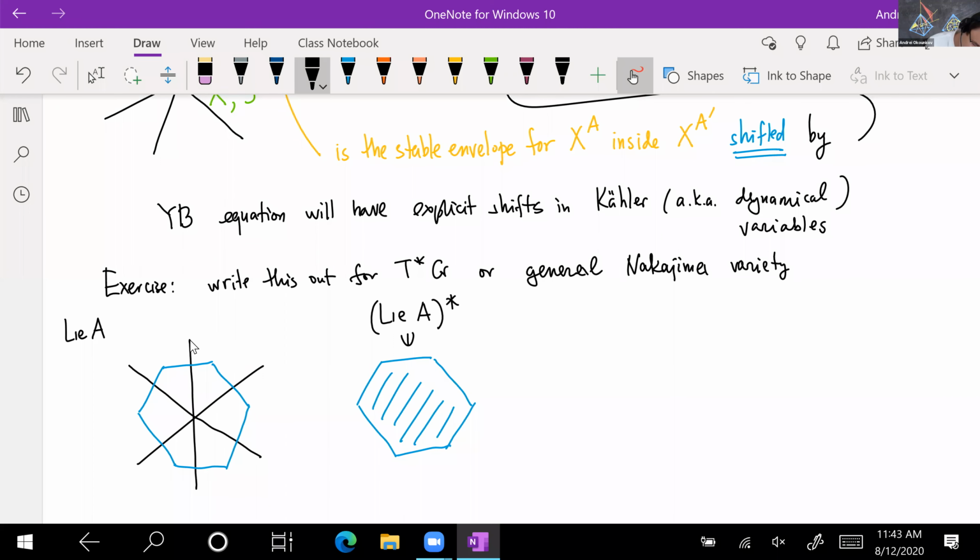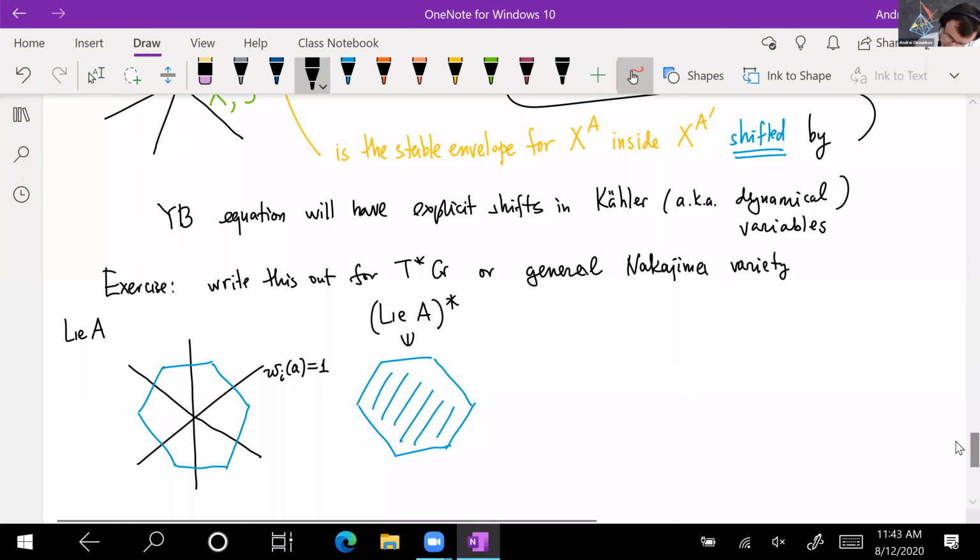And what are these weights? These hyperplanes are where some weight, maybe call it W, of A equals 1. I write it in multiplicative notation, but draw a picture in the Lie algebra. I hope you forgive me.